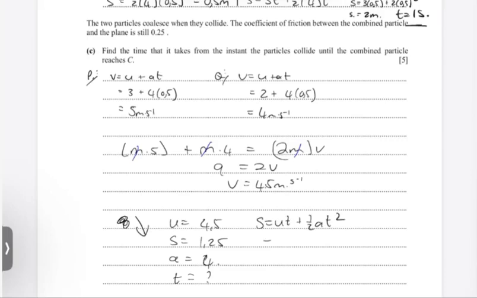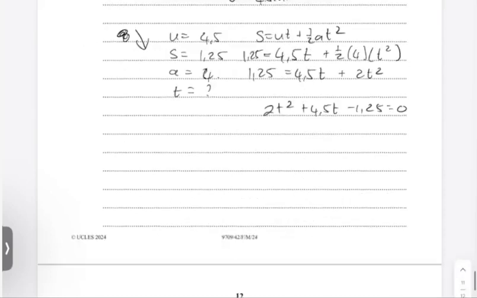Okay, so here we've got 4.5 times my time plus a half times 4 times t squared. So I've got 2t squared plus 4.5t minus 1.25 is equal to 0.